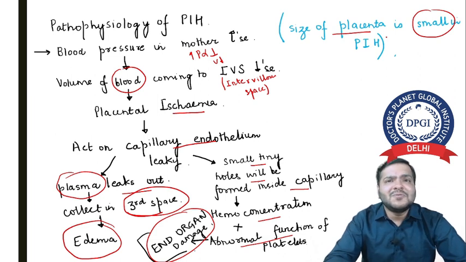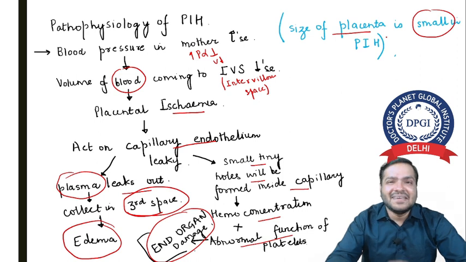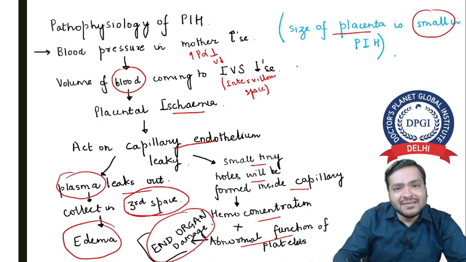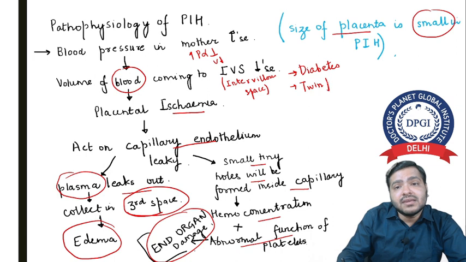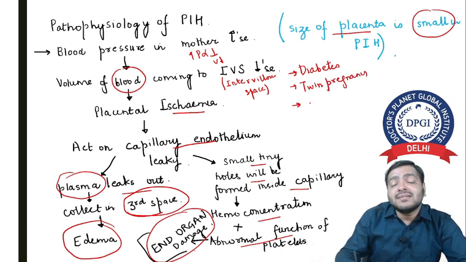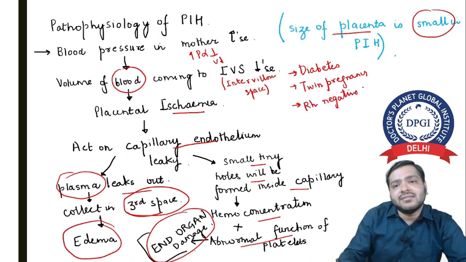Now students, if I want to ask you in which conditions the size of the placenta is increased? Yes, it is increased in diabetes. Along with that, it is increased in twin pregnancy, and also the placental size is increased in RH negative pregnancy.